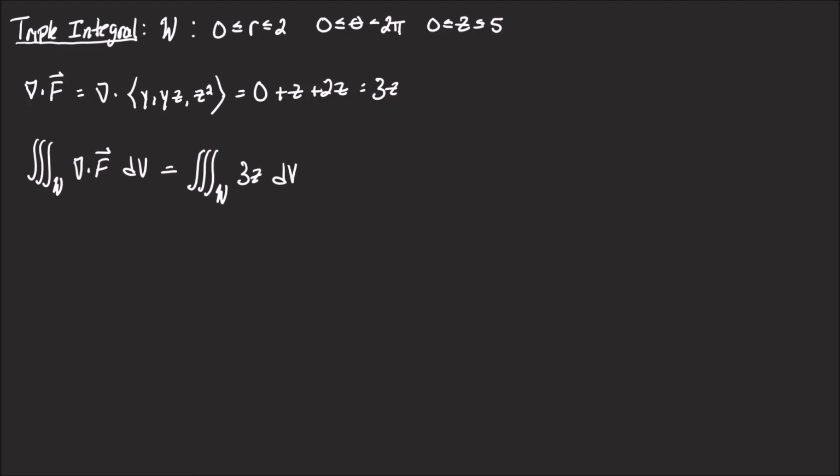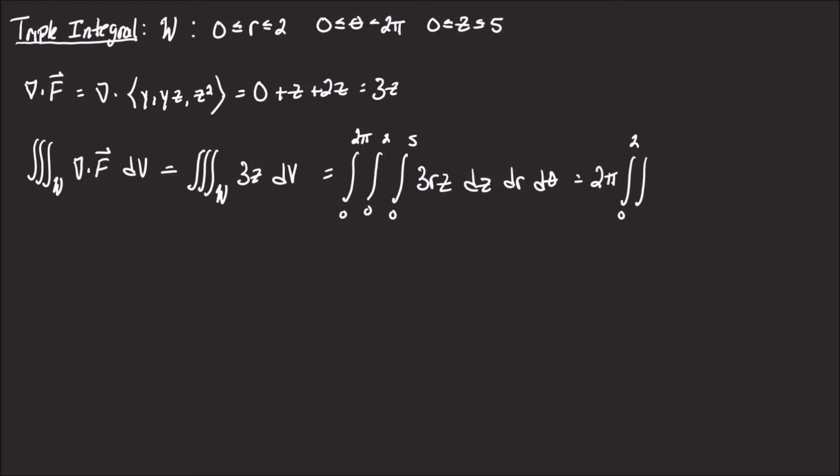Now write this in cylindrical, 0 to 2 pi, 0 to 2, 0 to 5, of 3rz dz dr d theta, which is 2 pi, integral 0 to 2, integral 0 to 5, of 3rz dz dr.